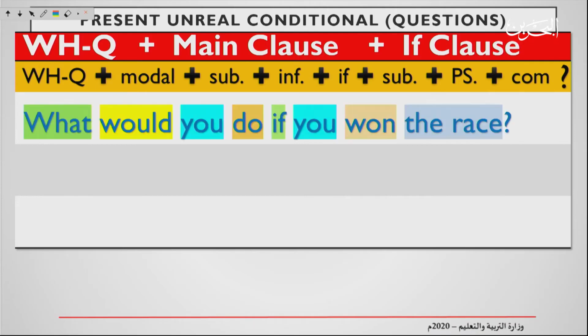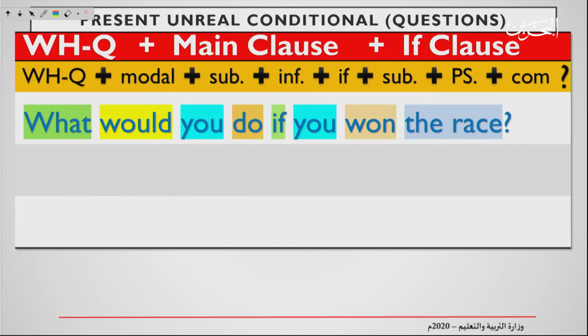Let's check the example. I say, what? WH question word, what? Modal would. Subject you. Infinitive do. If you won, past simple, the race. Complement of the sentence, question mark. What would you do if you won the race?